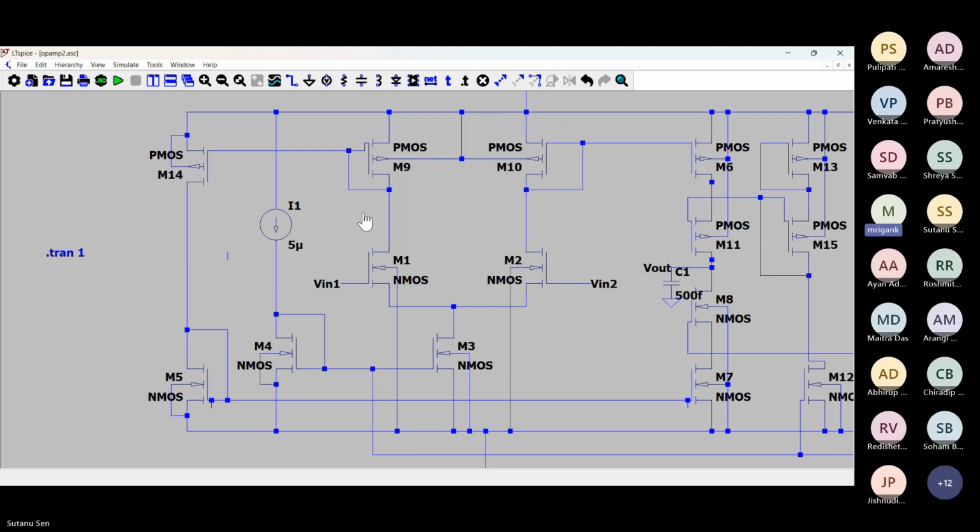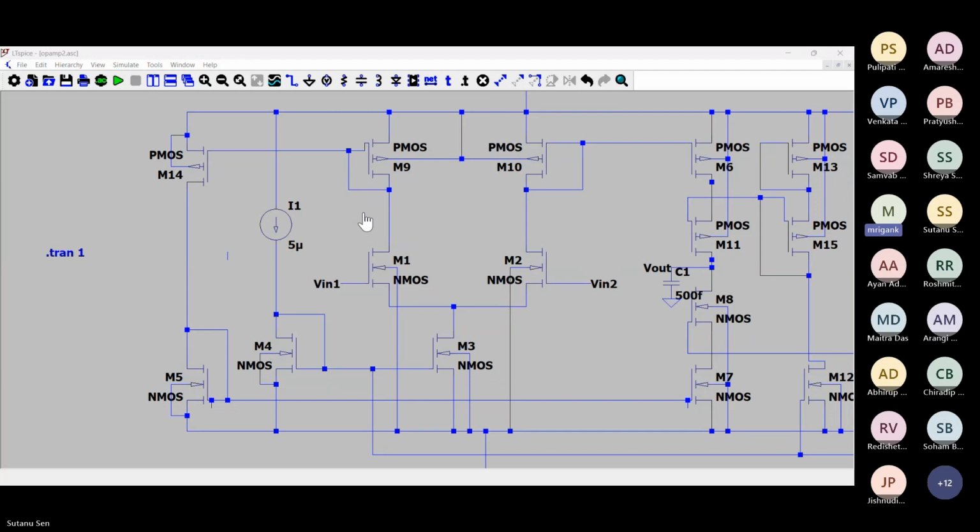So this issue, I am not very sure at this point why this big difference is coming. And the only reason that I'm seeing is the asymmetry in the right hand side output stage and the left hand side second stage constituted by M4 and M5, the loading effect that M14 is facing, M14 and M5.